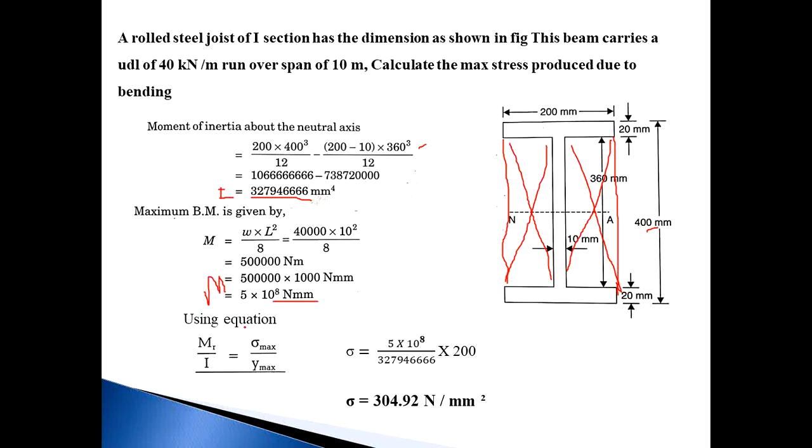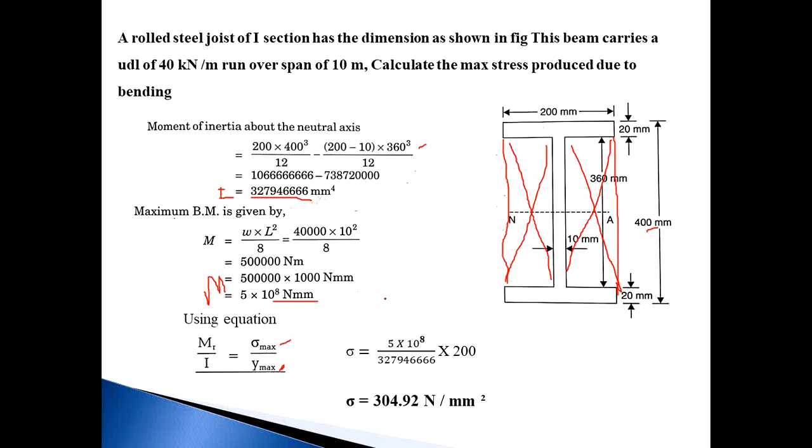Then we know the flexural equation, M upon I is equal to sigma upon Y. We have already calculated M and the moment of inertia I, and we want to calculate sigma max, which depends upon Y max.